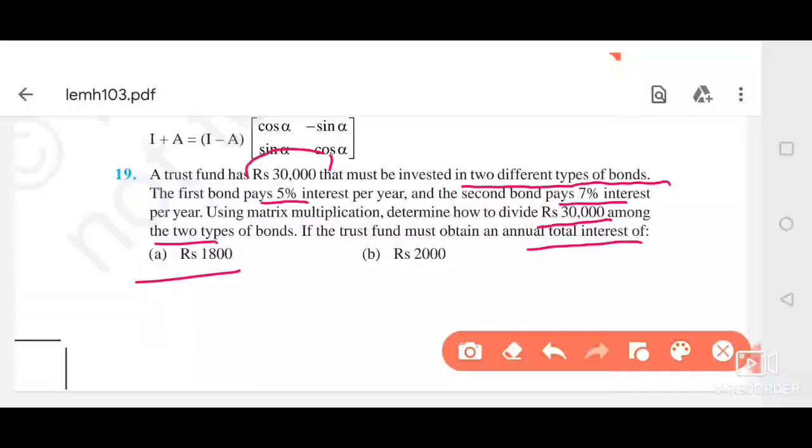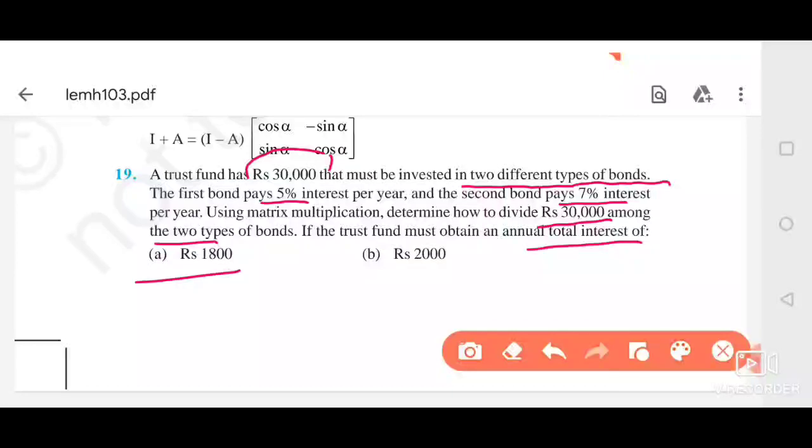So here we have 30,000 rupees to be invested in two different types of bond. The first bond pays 5% interest, the second bond pays 7% interest.